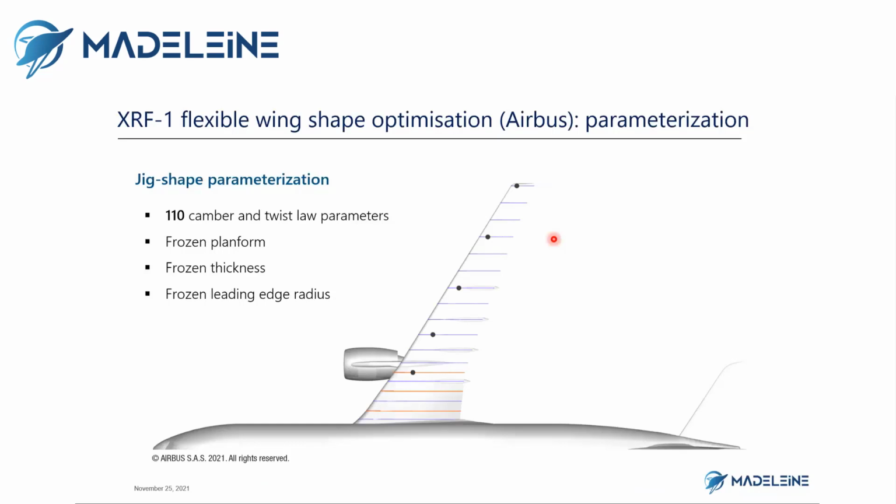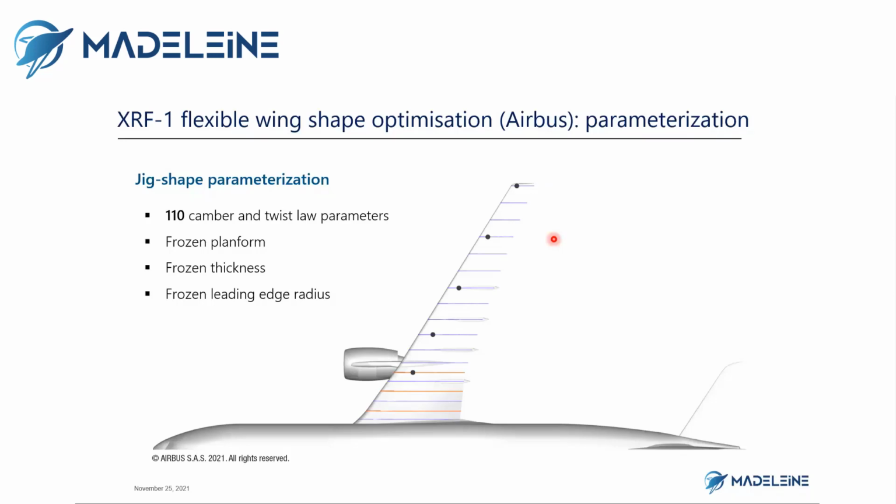And because we are keeping the structural model frozen during the optimization, we also impose specific dedicated geometric constraints. So we are freezing the planform and also the thickness of the wing for the entire wing. We also take into account another geometric constraint by freezing the leading edge radius. So here we will only consider camber and twist law design parameter changes for this aerodynamic optimization.